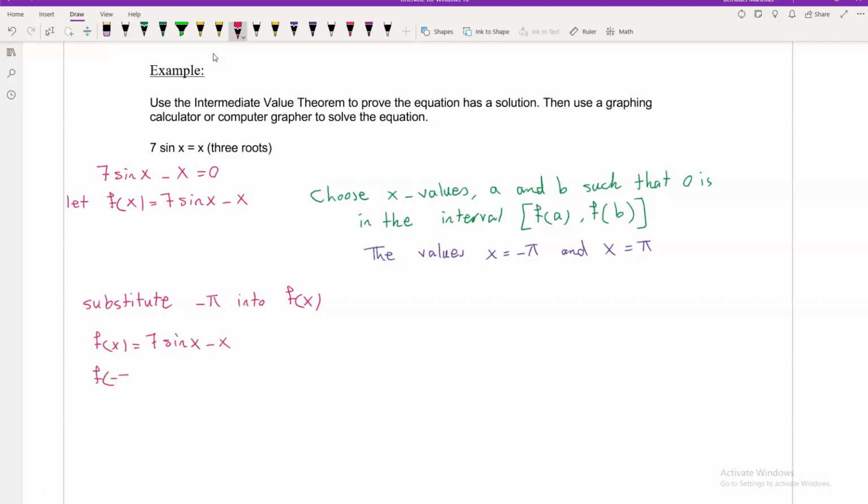So f of negative pi is 7 sine negative pi minus negative pi. Here 7 sine negative pi is 0, and what's left is negative times negative pi, so the answer is positive pi.